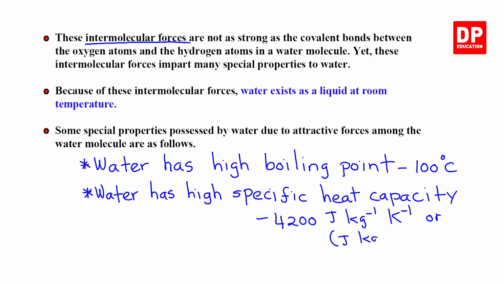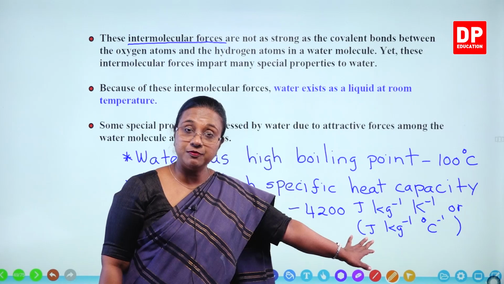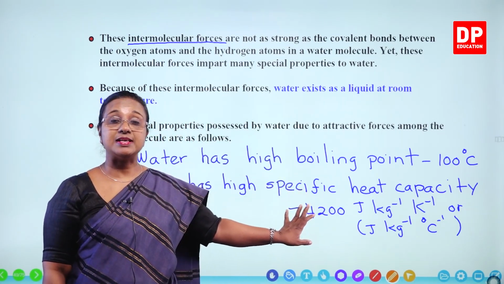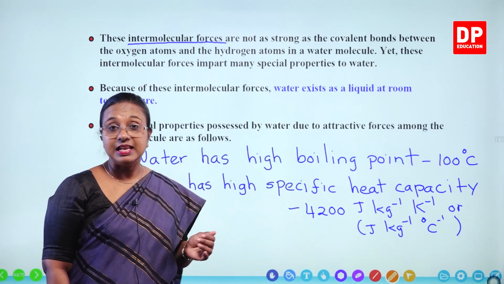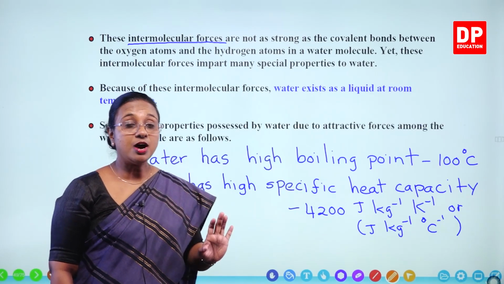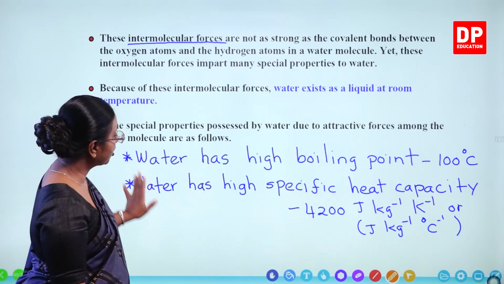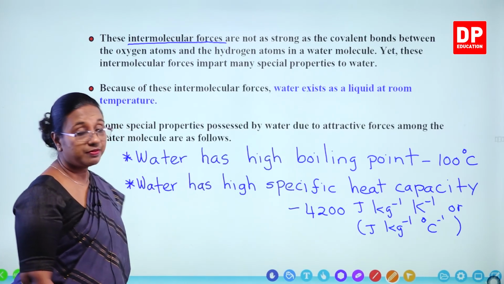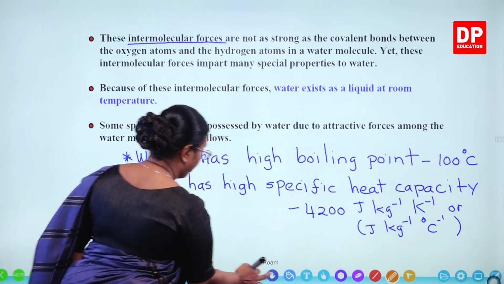The unit can be joules per kilogram per degrees Celsius. That is also the same thing. We have discussed this before, and we will be discussing the specific heat capacity in detail again in grade 11. So for now, you all can remember that water has high specific heat capacity because of its intermolecular bond.